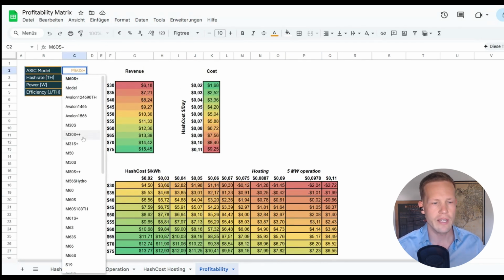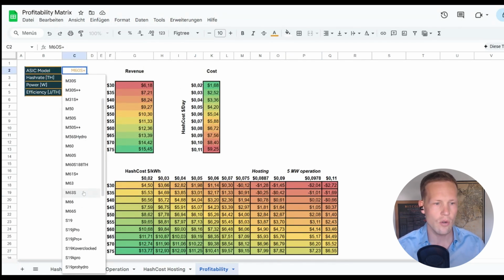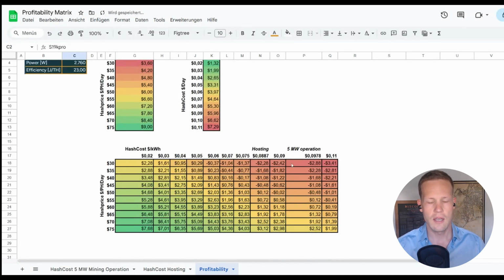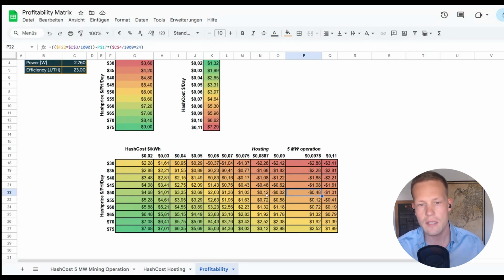Let's say we're running a fleet that's maybe on average slightly older. Let's look for a K Pro, for instance, and now you can see it gets a bit more drastic. So now our break-even point is around that $55 hash price mark. And below that, we have to turn off, right? In the hosting example, it's slightly better because our cost is slightly less, but it's still not super great, right?